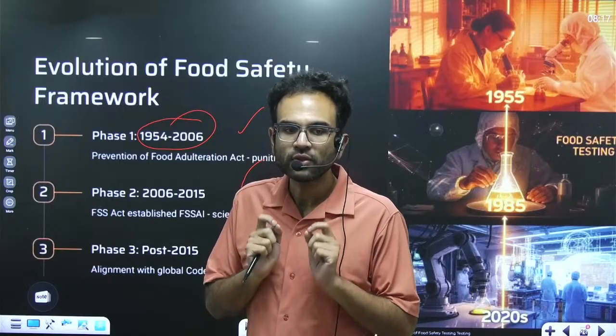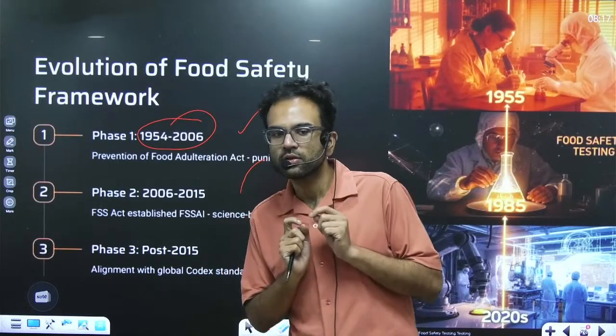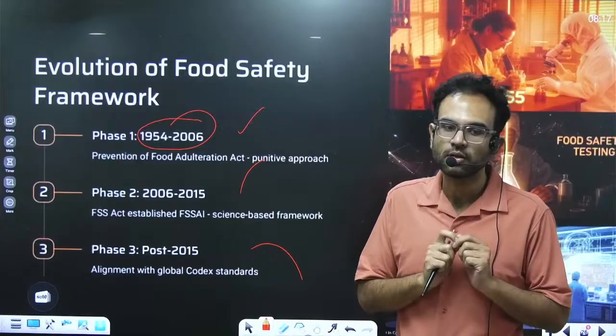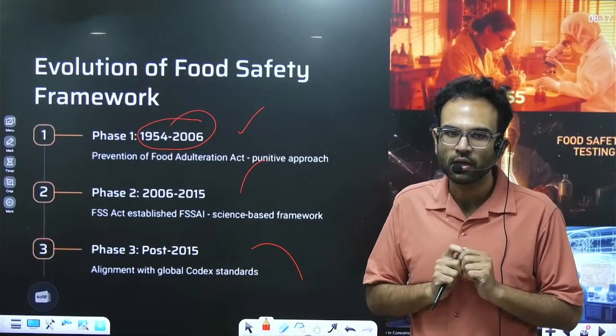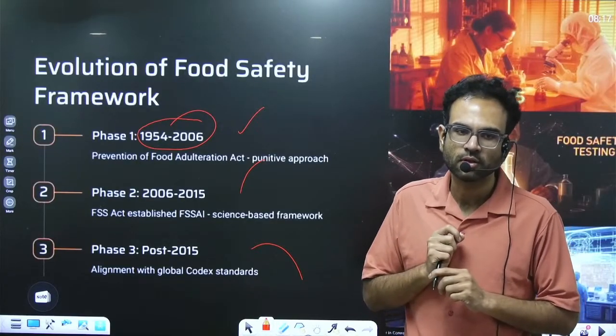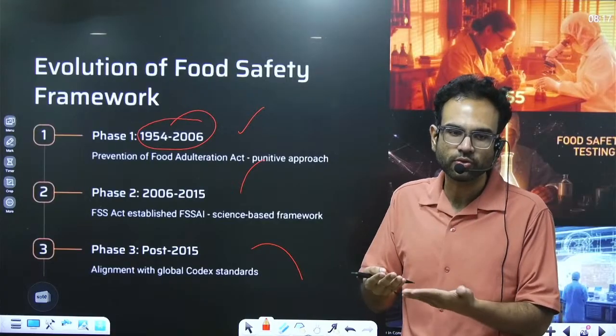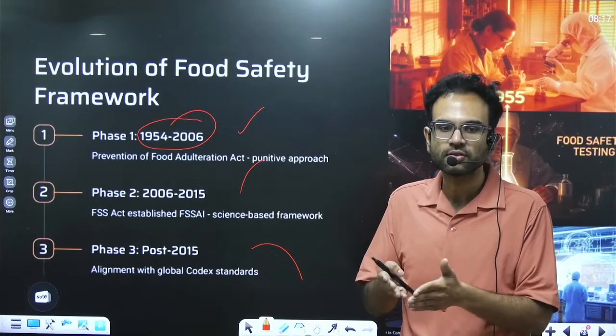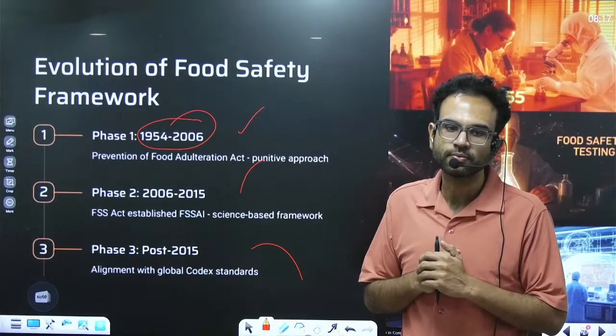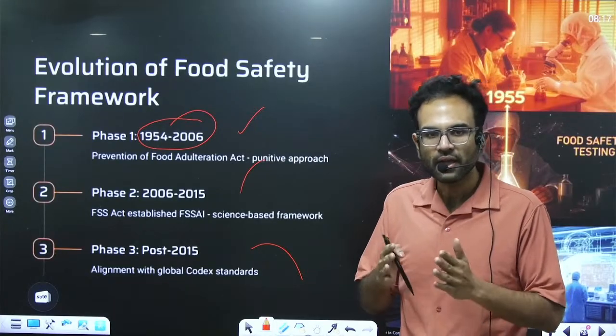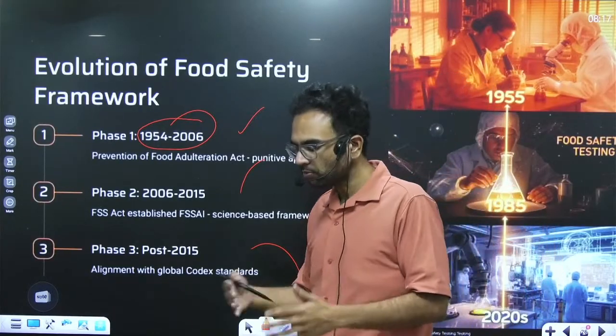But when we say food safety, it is not just about contamination or malafide intention by the manufacturers. There are many more evolving issues which comprise the definition of food safety. Today we have a lot more awareness.